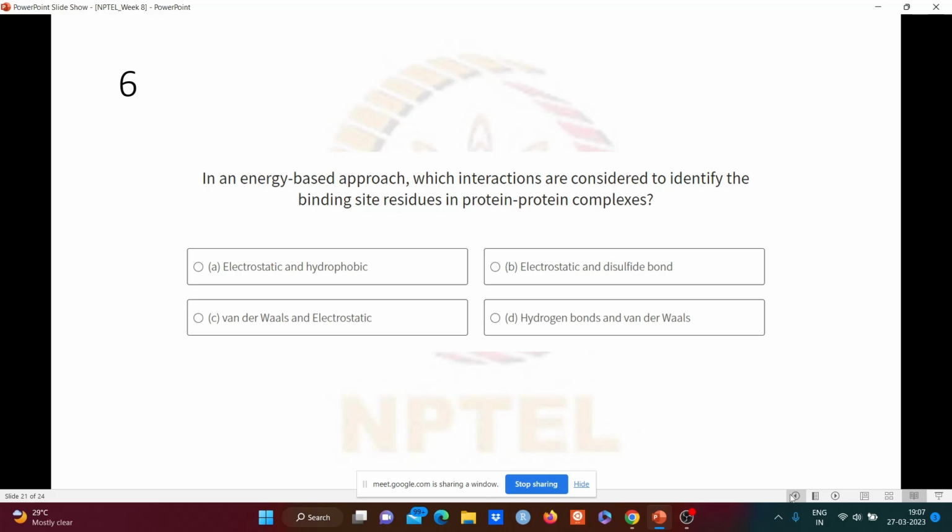Yeah, one clue I can give here is that in an energy-based approach, binding site identification starts with the long-range interactions.